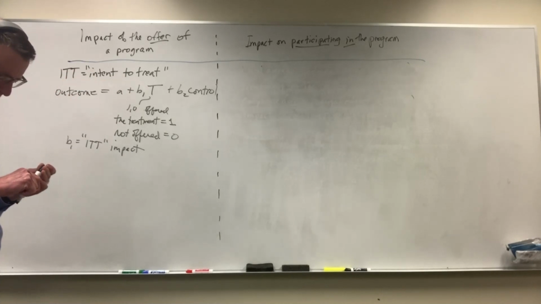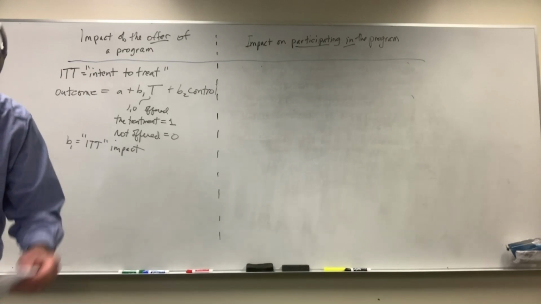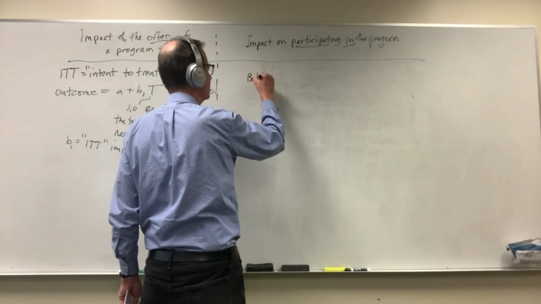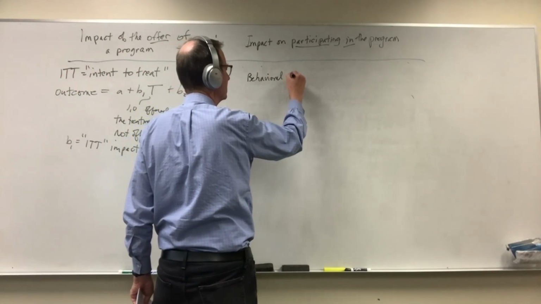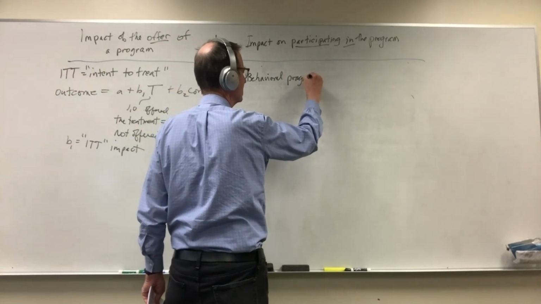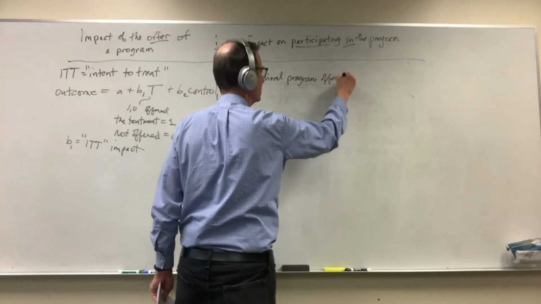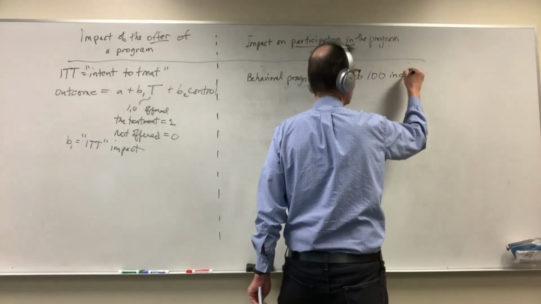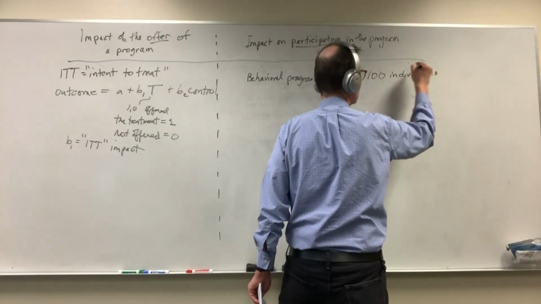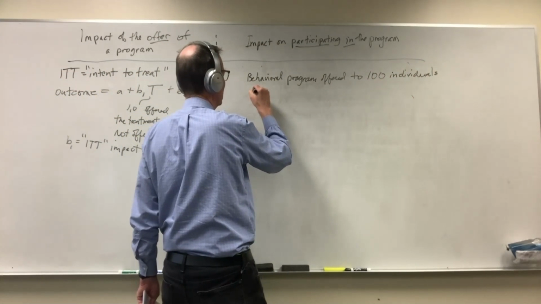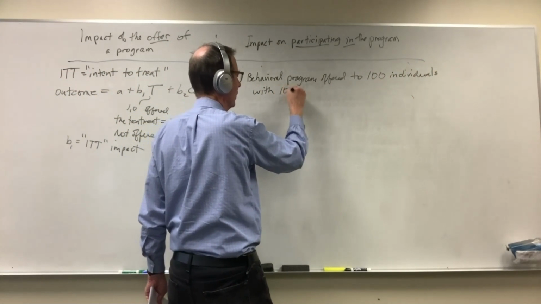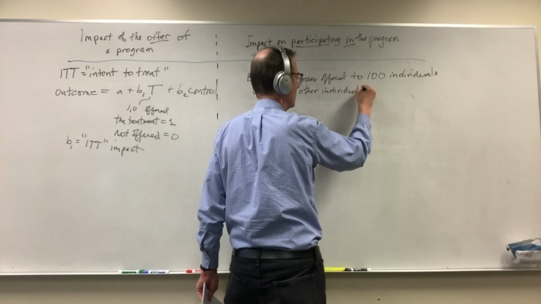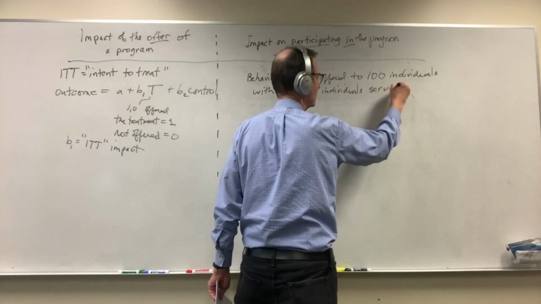Let's use an example. Let's suppose we've got some sort of behavioral program offered to 100 individuals, with 100 other individuals serving as controls.